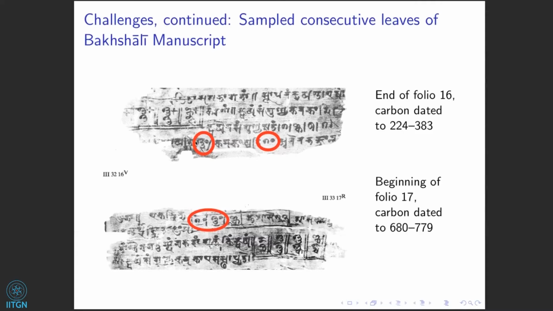One of the things that makes the results they found rather anomalous is the fact that they sampled 2 consecutive leaves of the manuscript, which I show photographs of here. You'll notice that they look rather ragged and crumbly, and indeed they are.